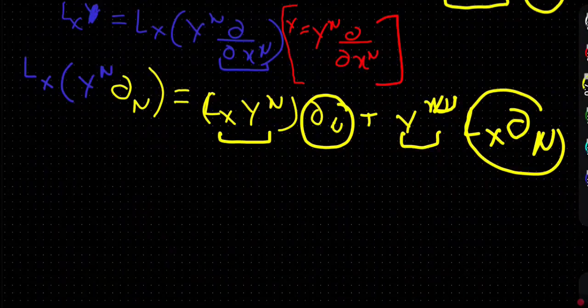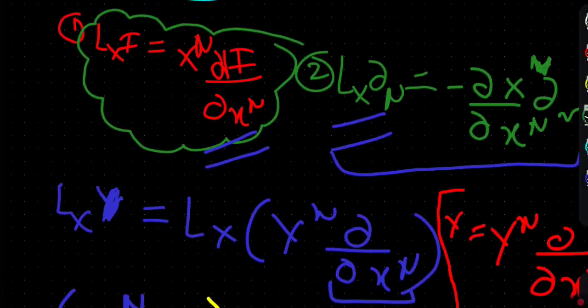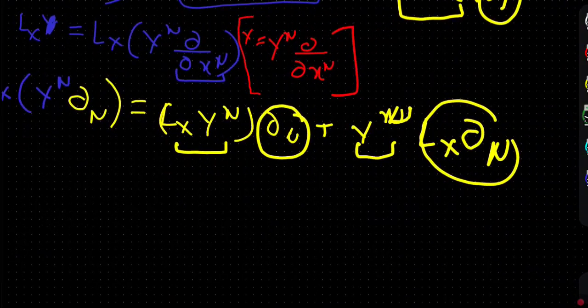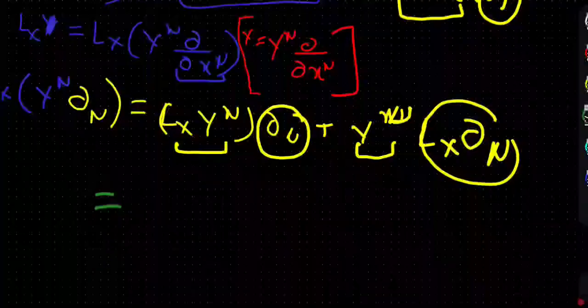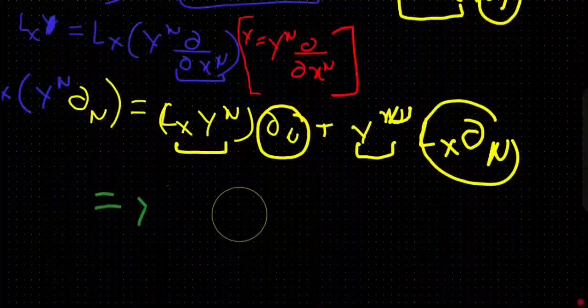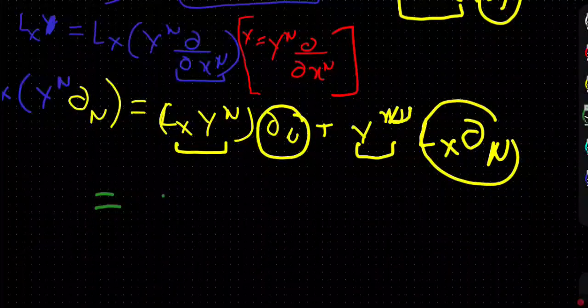Now the main game is the result that we have derived: what will happen if this particular lie derivative acts on any arbitrary function f. We can write this as this. So here our f is y^mu. So using that particular analogy, we can write this particular result as x^nu del by del x^nu. I have to choose another superscript, because here I have chosen this mu, so I will now choose nu.